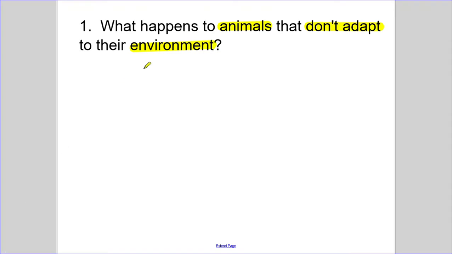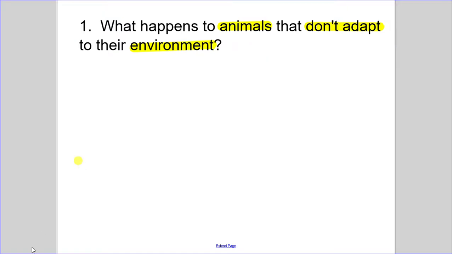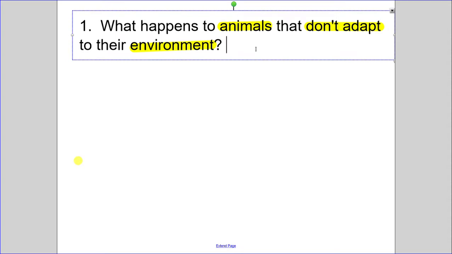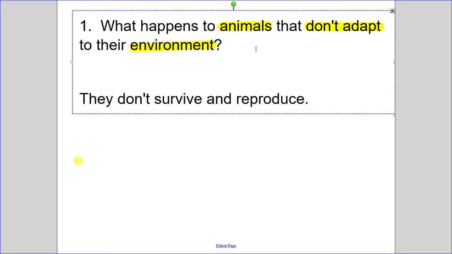So let's go back to my work here. Let me try and get rid of this highlighter. There we go. So, animals that don't in fact adapt to their environment, they don't survive and reproduce. Didn't tell me that exactly in the text, but I can use my knowledge to work with what I've been told in the text. That's all there is to it.